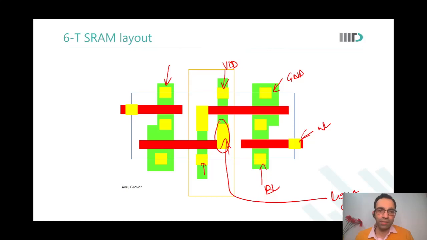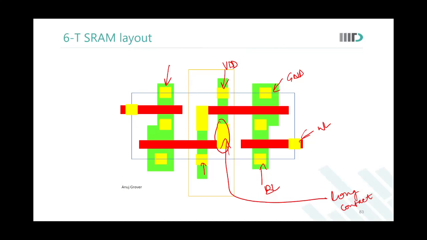So what is happening here? Sir, DRC rule is not being followed. Why are we not following the DRC rule? Sir, because it is memory. So if it is memory, then we will not follow DRC?